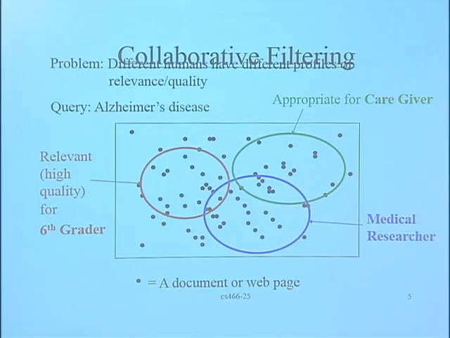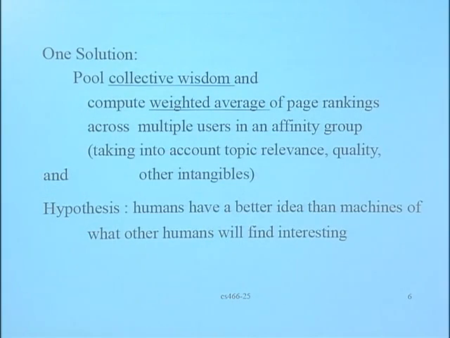And the same thing could be true for any technical query. A query about Cleopatra will have a very different response set for a child doing a book report as opposed to an Egyptologist looking for particular needs. So one idea here is to pool the collective wisdom of many, many individuals, and weight those collective wisdom assessments by the individual's closeness to the person we're trying to target.